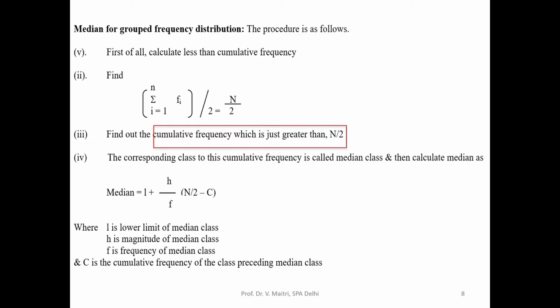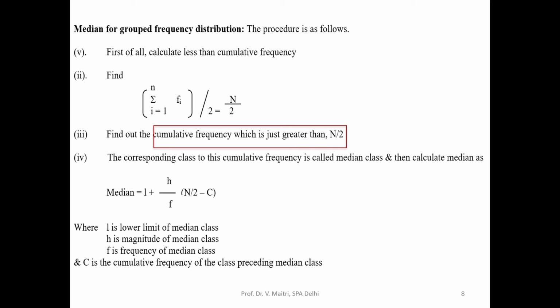Now next is the grouped frequency distribution. Again the procedure is almost the same. First of all, calculate the less than cumulative frequency and then find N by 2. You know capital N is the sum of frequencies.